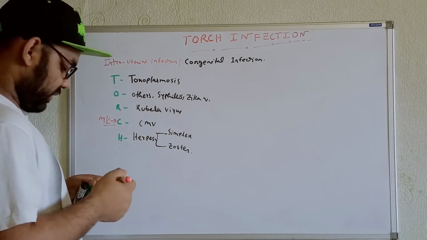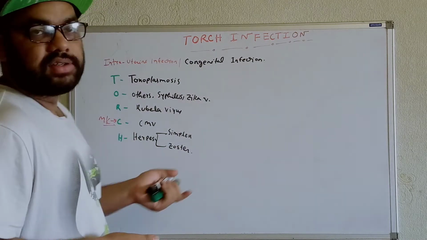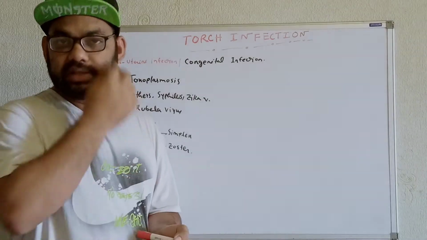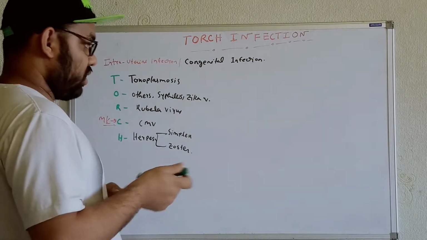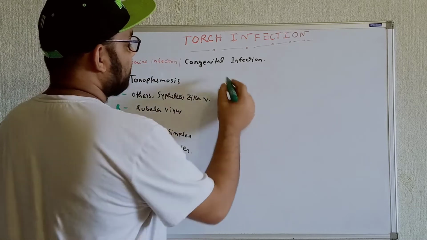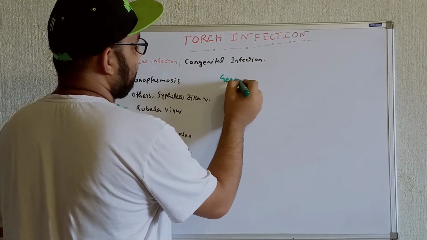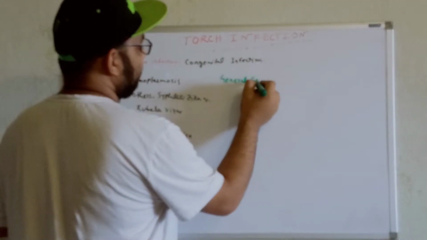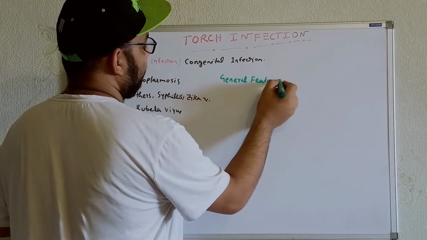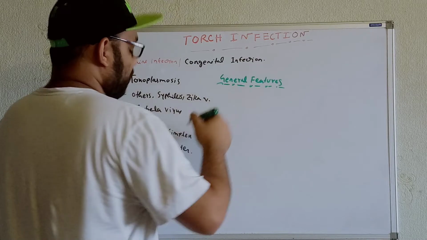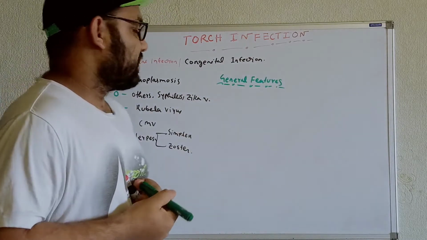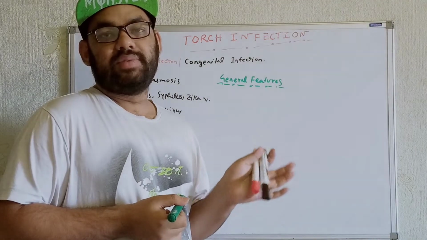Now there are some general features of TORCH infections. You have to know the general features. What are they? Now see, in these cases this is a primary infection to the mother.